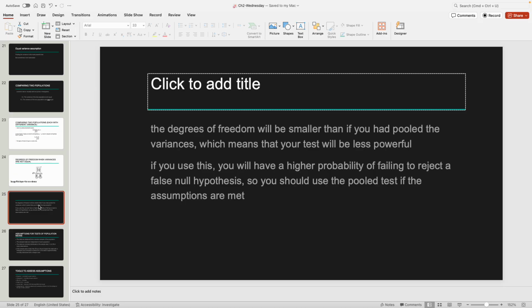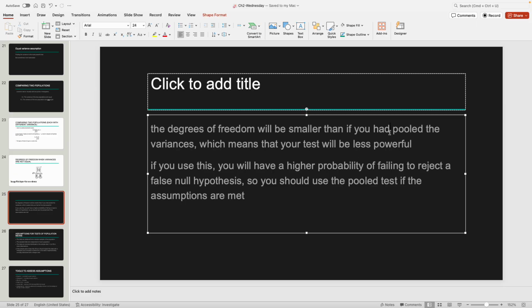But notice the degrees of freedom is always higher if you pool, so this is the typo, it should say if you had not pooled the variances, which means your test is less powerful when you can't pool the data. So you have a higher probability of failing to reject the null hypothesis if you use the pooled test and the assumptions are not met.